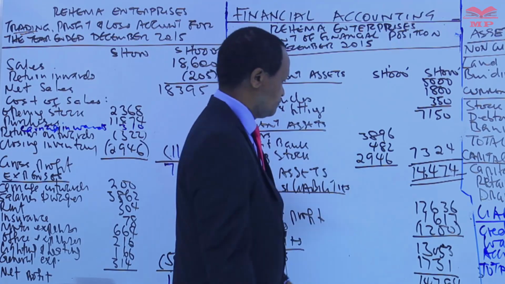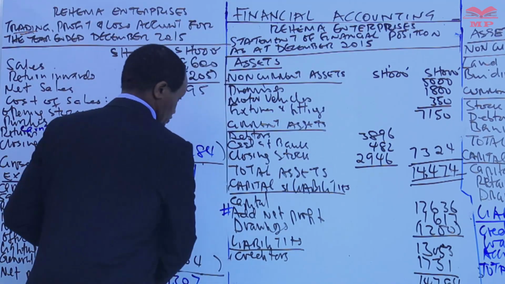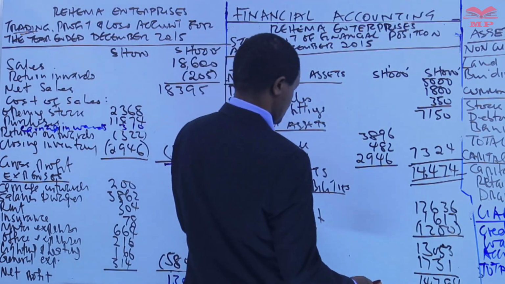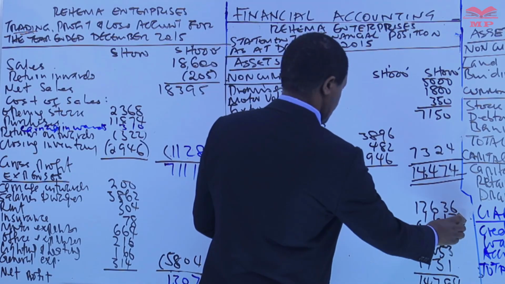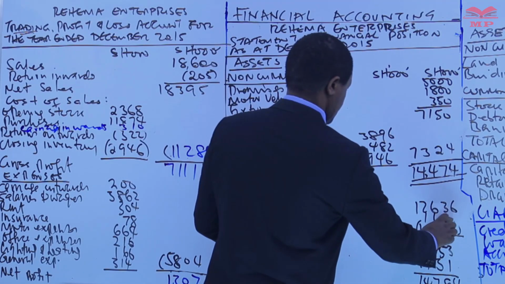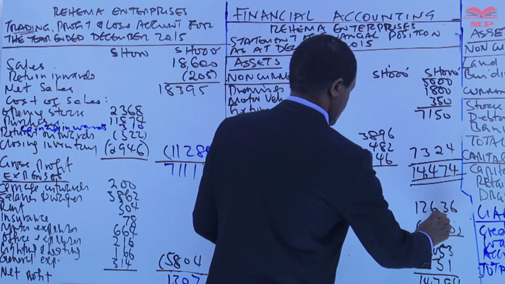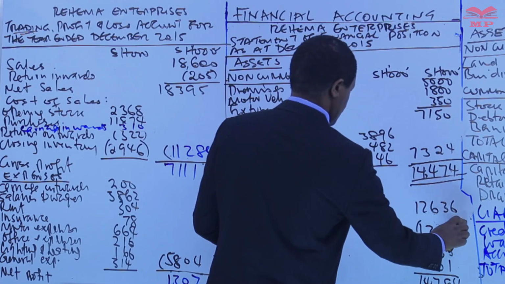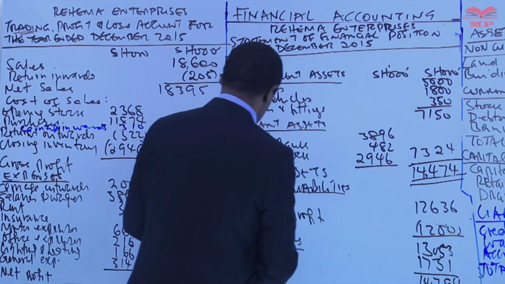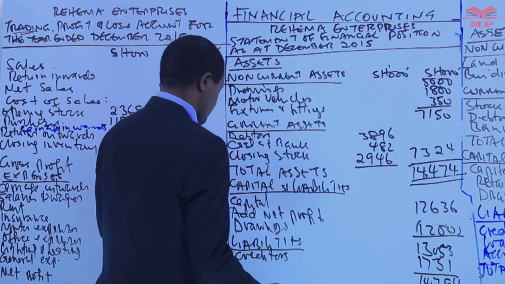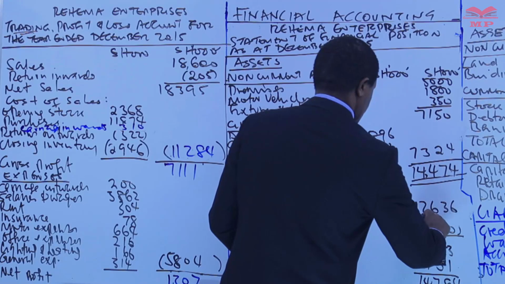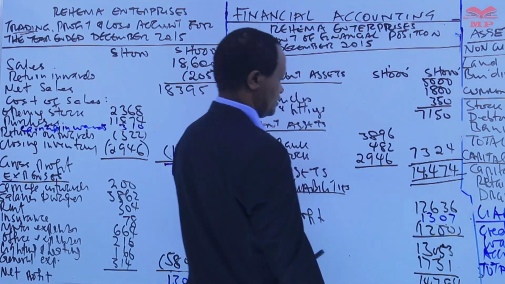So the profit here, we adjust this profit. So the right net profit there is 1307.